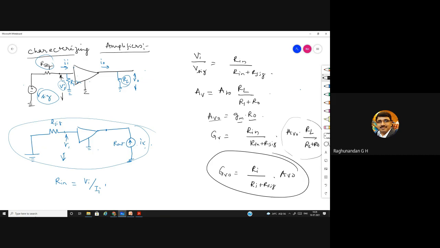After this, we need to write the equivalent circuits of the amplifier, the same thing we have already derived, and analyze it by writing the circuit diagrams.